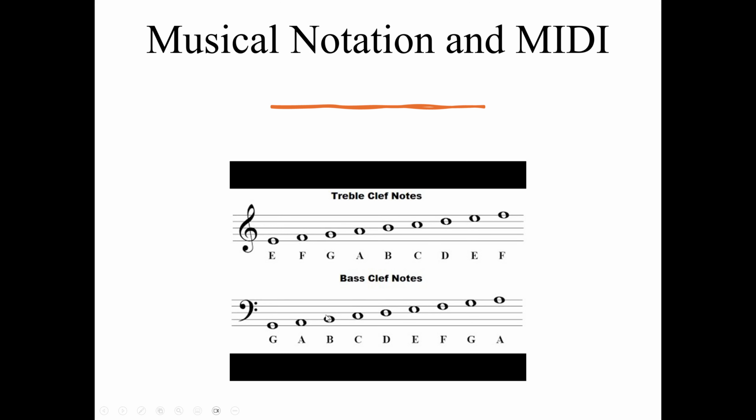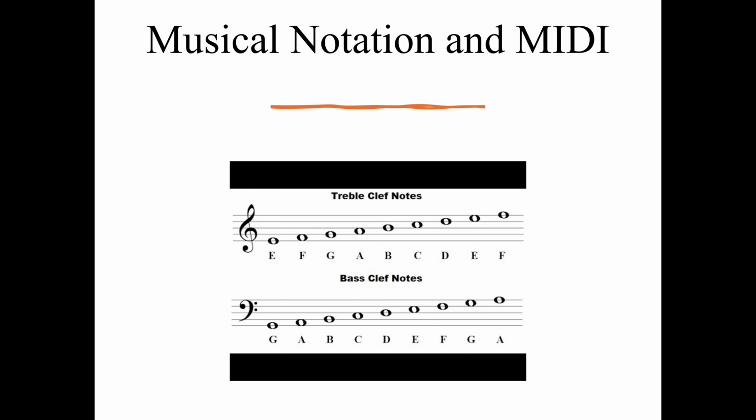So what you see here is musical notation, and you'll notice all of these letters associated with particular notes. In Western music, the notes that we have are A, B, C, D, E, F, G. That's it. Once you get to the next A, you're an octave up.